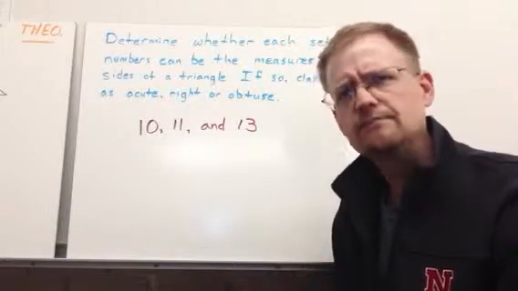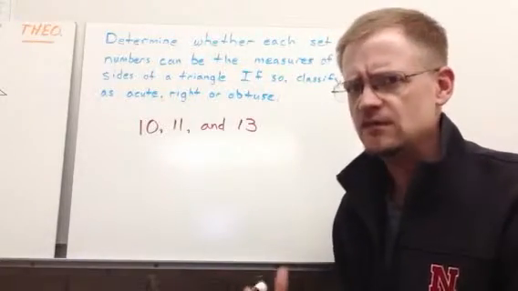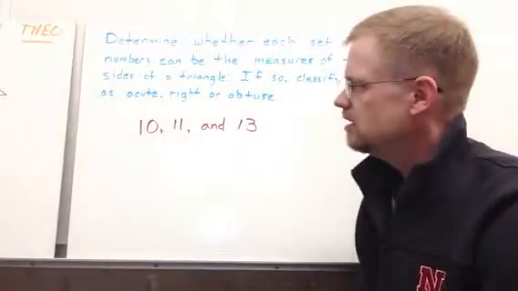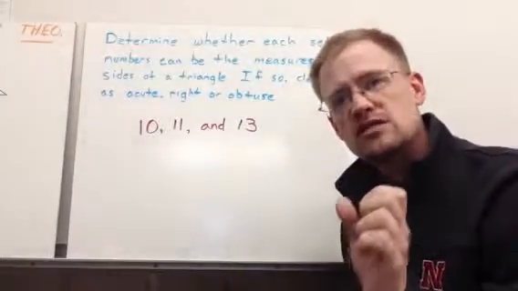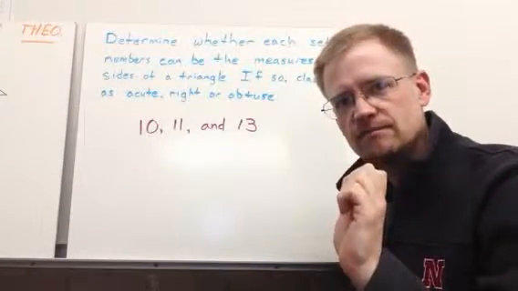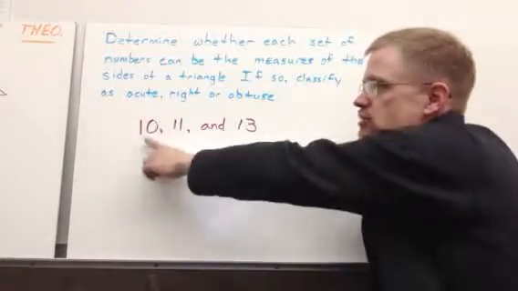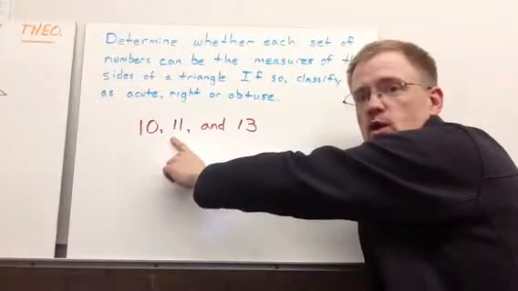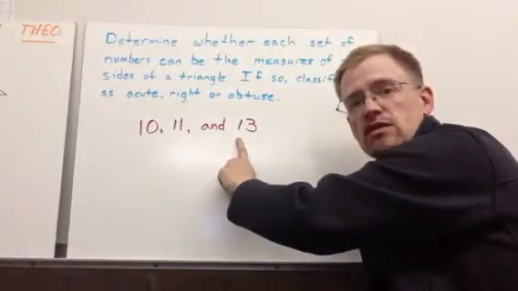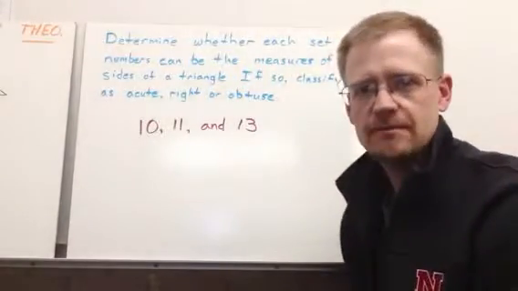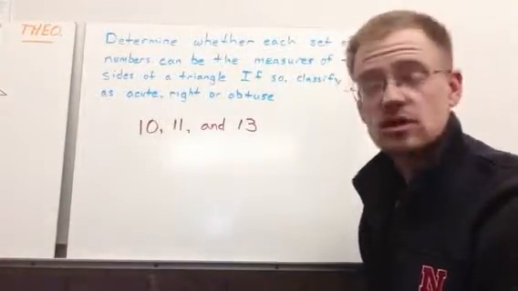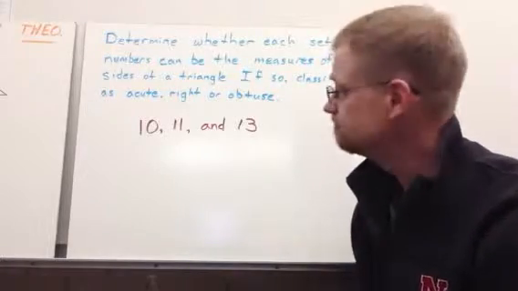We looked at, can three measurements even work out to be a triangle? For that to be true, the two smallest sides, when we added them together, had to be greater than the third side. So in this case, it's true. 10 plus 11 is 21, and that is greater than 13. So we know that this can be a triangle. Okay, that was called the triangle inequality theorem.